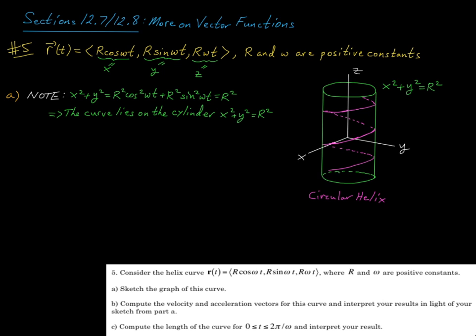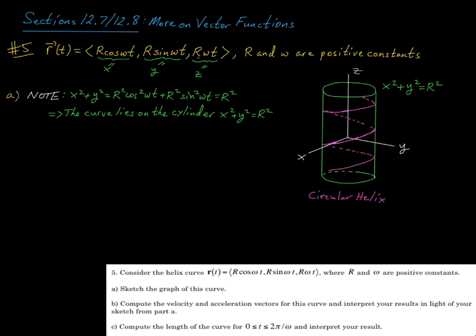So our curve lies on the cylinder, and now if we think about projecting our curve onto the xy plane, well, the i and the j components are parametric equations for the circle of radius R in the xy plane centered at the origin. Okay, so as we let t increase, our curve will wrap around this cylinder. And now looking at the z-coordinate, since R and omega are positive constants, z is an increasing linear function of t.